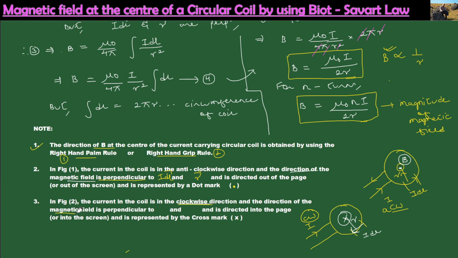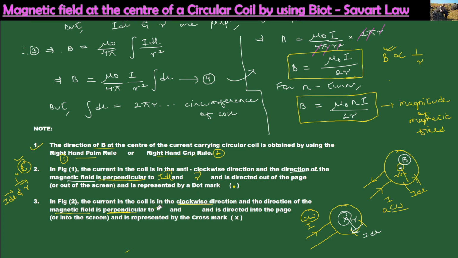Even if the current is in the clockwise direction, keep in mind that the magnetic field is always perpendicular. B should always be perpendicular to IDL and R bar, because B is our third vector.